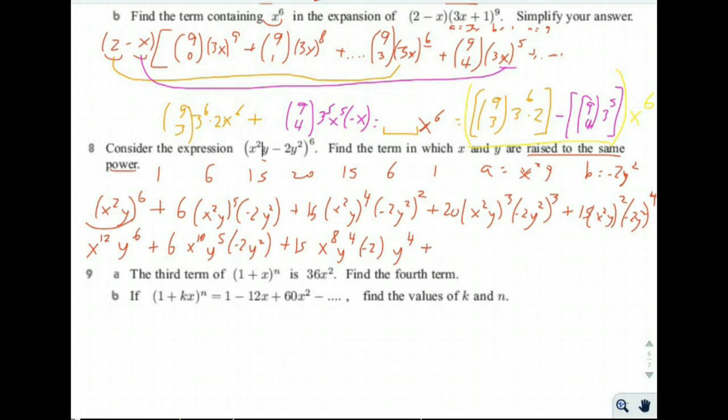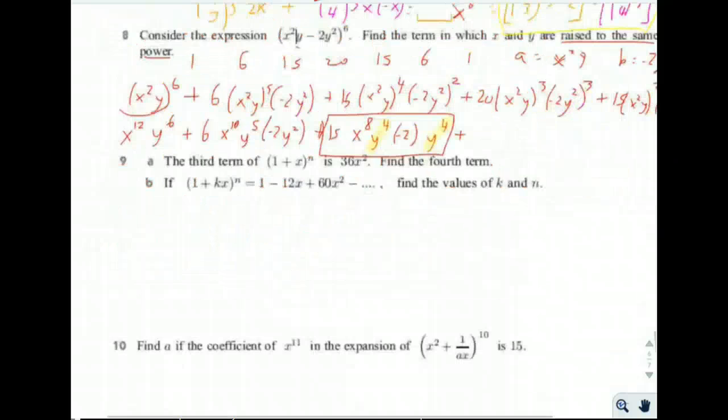Hey, there it is, right? Because this would be y to the 8th, x to the 8th. So the term that we wanted was this one. This is just a fancy problem where you just expand it, and then after you get all the correct terms, you figure out the exact term that they were looking for here.